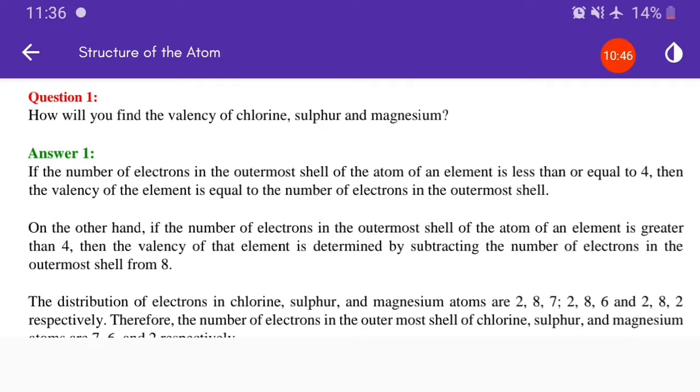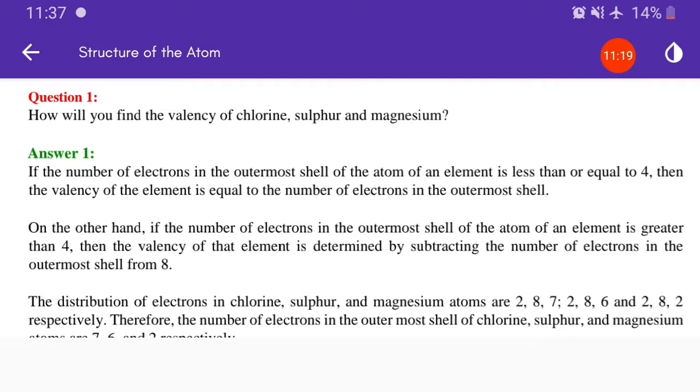Next question, how will you find the valency of chlorine, sulfur and magnesium? If the number of electrons in the outermost cell of the atom of an element is less than or equal to 4, then the valency of the element is equal to the number of electrons in the outermost cell. So valency maximum 4 would be there, because it has to gain or lose the electrons.